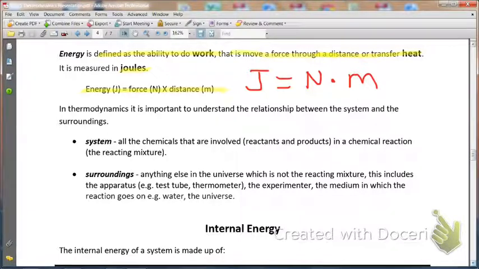That is the surroundings. So it's important to understand these two terms, system and surroundings. So make sure you look at those.